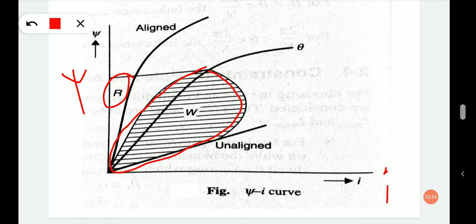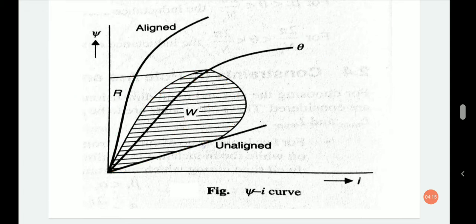The shape of the conversion loop, that is again the shaded portion, and its area W depends on the variation of current with rotor angle, control parameters, speed and motor design.